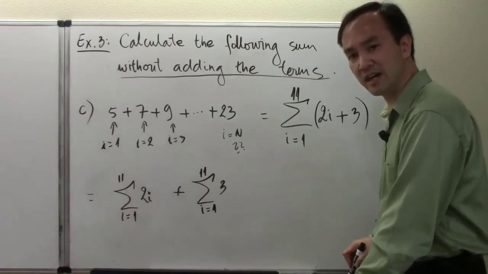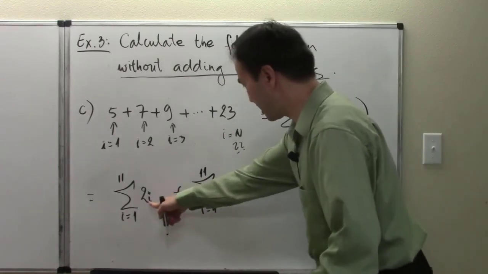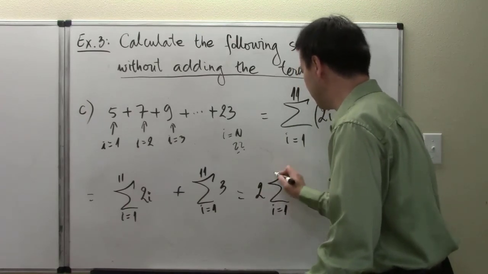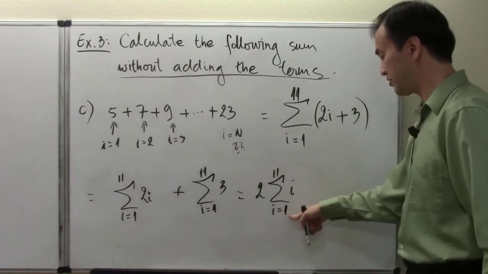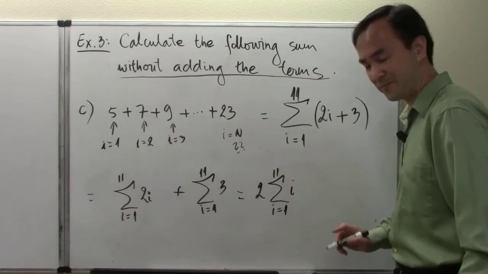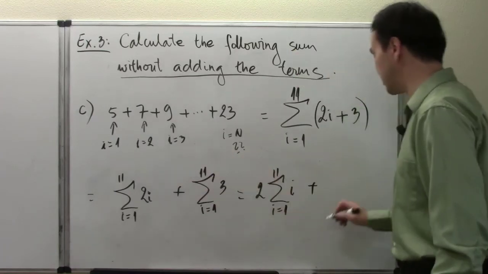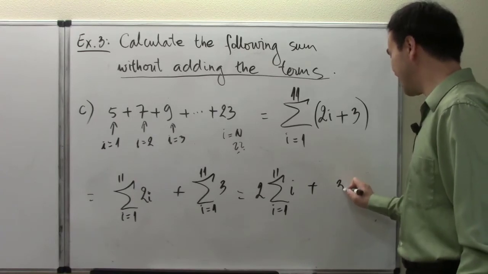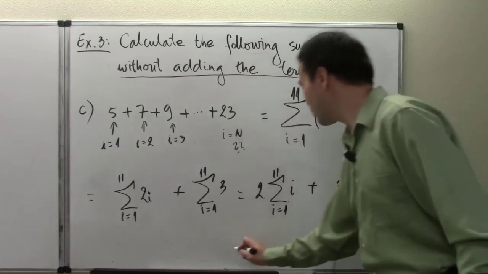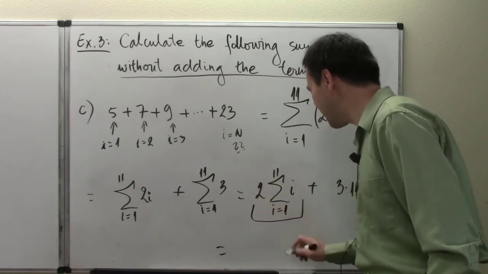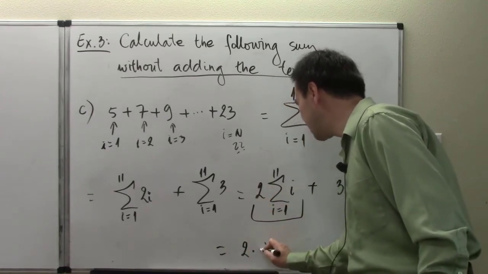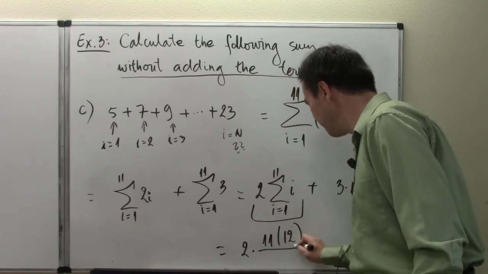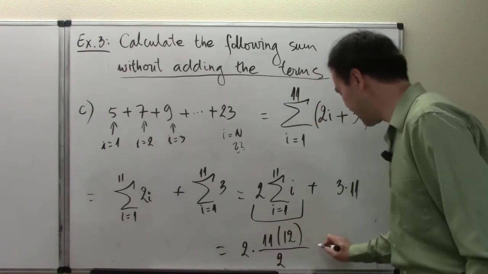In the next step, in the first sum we can pull out a 2, leaving the extremely recognizable summation of all the i terms from 1 to 11, plus, utilizing the property we've learned earlier, 3 times 11. So it's 2 times 11 times 12 divided by 2, plus 33.